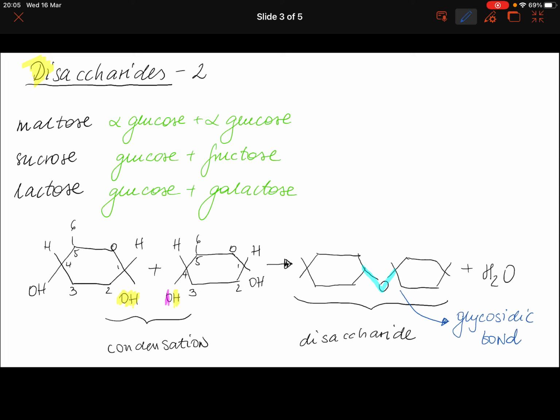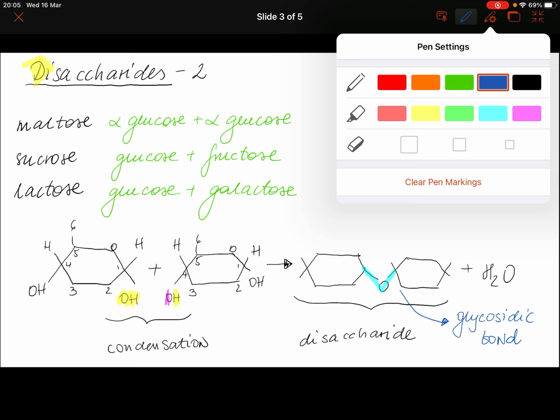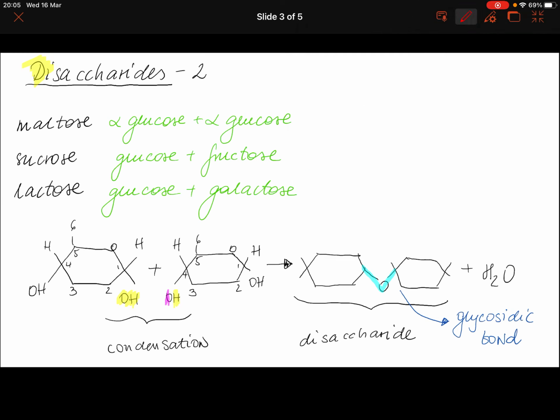Now we wonder what the formula of the disaccharides actually is. Let's remind ourselves what we have done here. We carried out the condensation reaction of two monosaccharides, two glucoses. The formula of glucose is C6H12O6, so we've joined two of those.